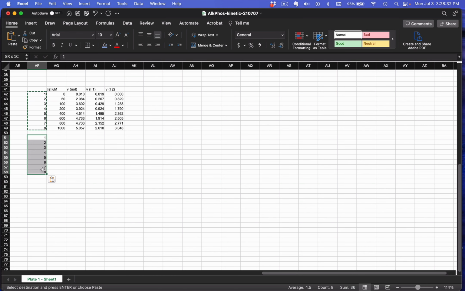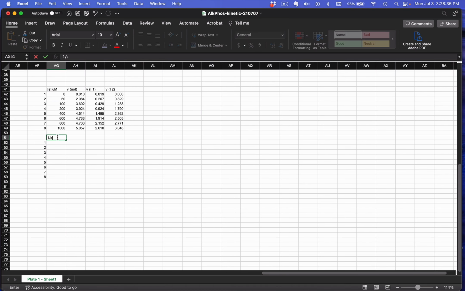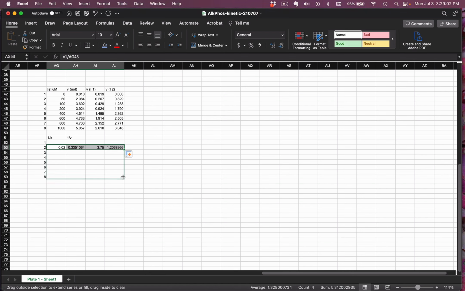So this is going to be 1 over substrate, 1 over velocity, etc. This is going to equal 1 divided by, we can't do it for this one, sorry. We're going to say equals 1 divided by this, and then fill in all those. So now we've got our reciprocal data.